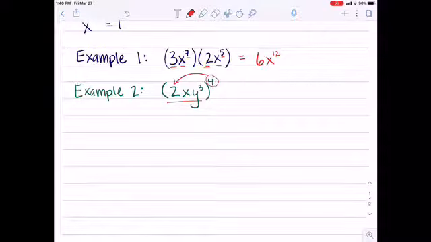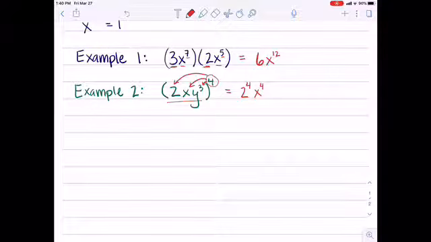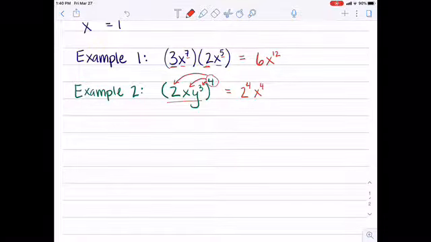So if my 4th power hits the 2, it will become 2 to the 4th power. Then it will hit the x and give me x to the 4th power. And then it hits this y to the 3rd, and notice that we have y to the 3rd to the 4th, y to a power to a power. Remember that when you have a power to a power, you multiply, and 3 times 4 is 12.